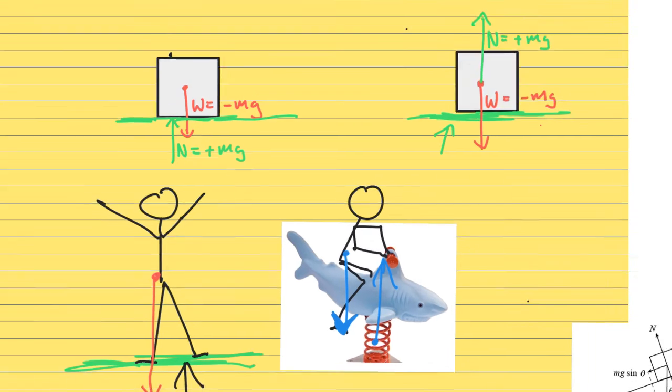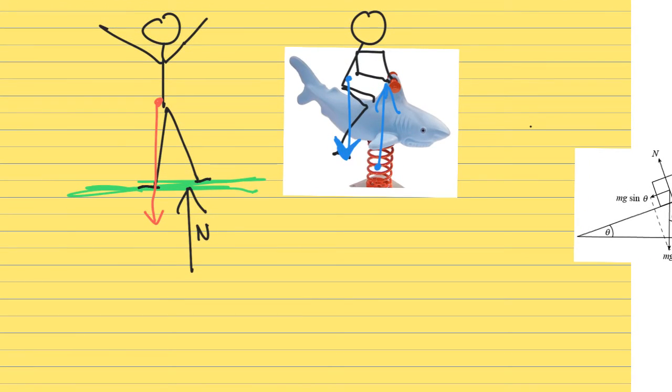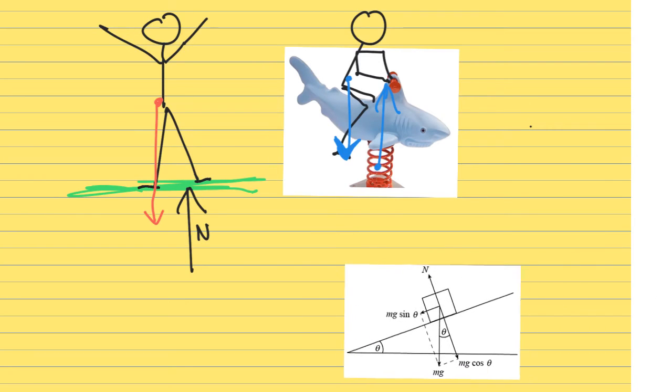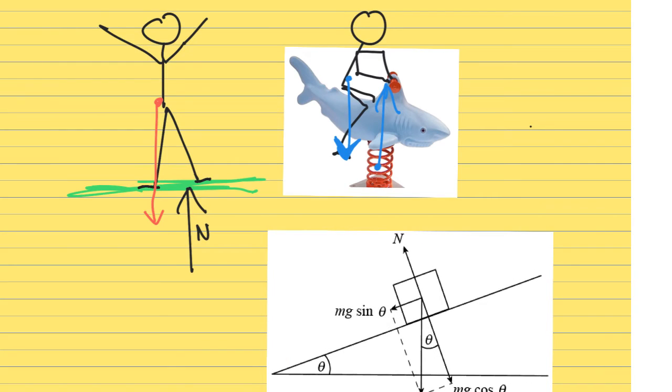Okay, so far we've only talked about objects that are resting on a horizontal surface. So the last thing that I want to go through is what a normal force looks like when you have an object that is resting on an incline, which is a tilted surface.